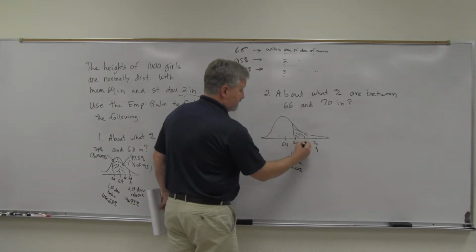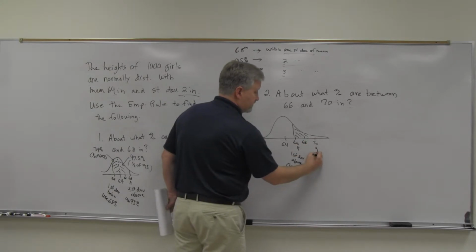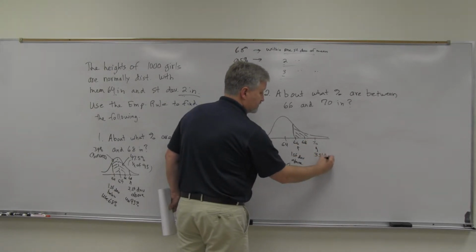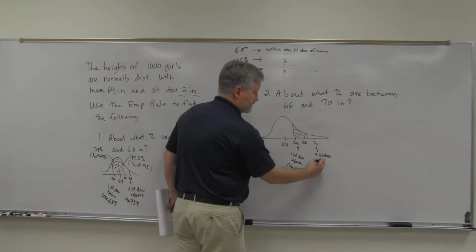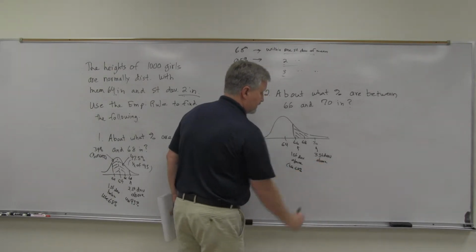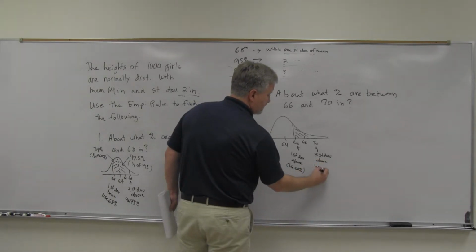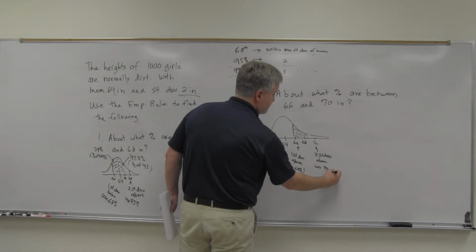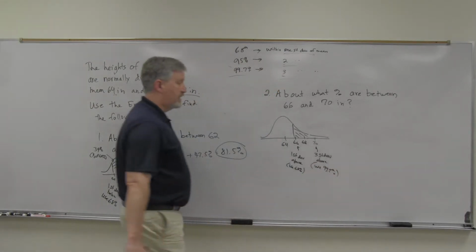It's 3, because 66 is 1, 68 would be 2, so 70 would be 3 standard deviations, going by 2 in each case. So that triggers me to use the 99.7% because it's 3 standard deviations away.